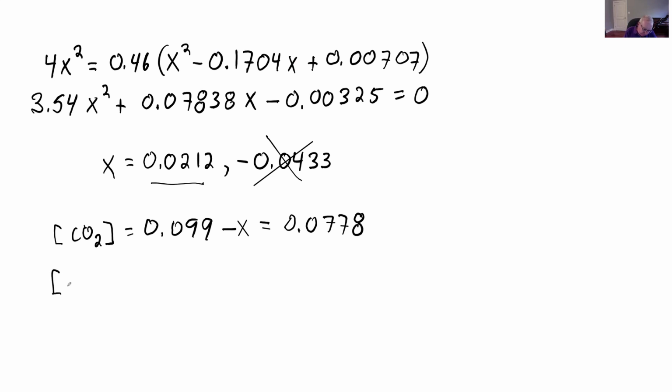The CF4 is equal to 0.0714 minus x, which gets me 0.0502.